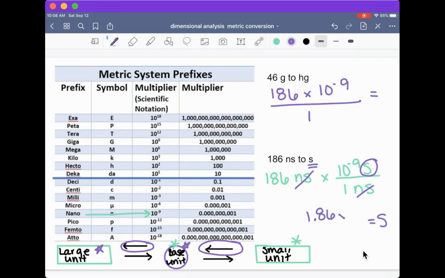So my calculator is, and I get this answer. Because it's in scientific mode, it is already matching my significant digits because we have 3 numbers in the answer and 3 numbers in the given. So this would be our answer, 1.86 times 10 to the negative 7 seconds. And that should make sense because this unit is smaller than the base unit, which is why it's in the lower second half of the table.